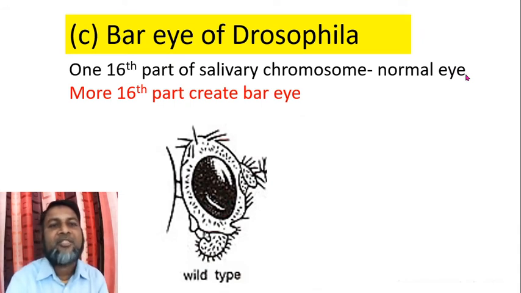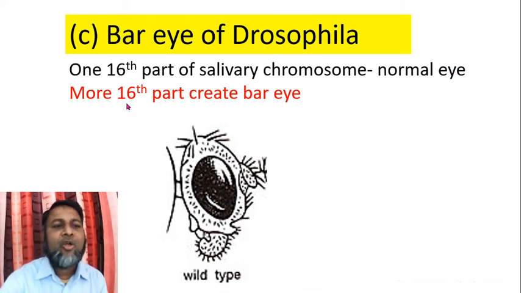Next experiment is bar eye of Drosophila. Here we see that when 1/16 part of the salivary chromosome is present in a zygote, it creates a normal Drosophila. Drosophila has normal eye.